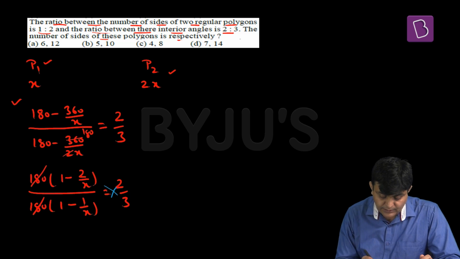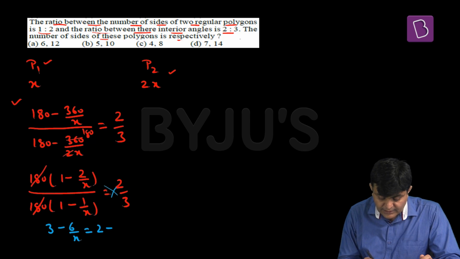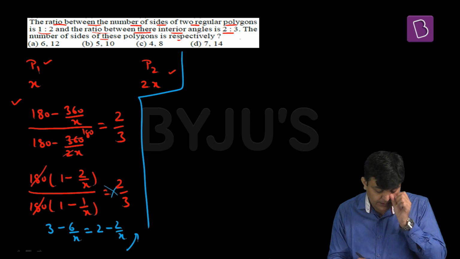Now cross multiply, so it becomes 3 minus 6 by x is equal to 2 minus 2 by x, right?